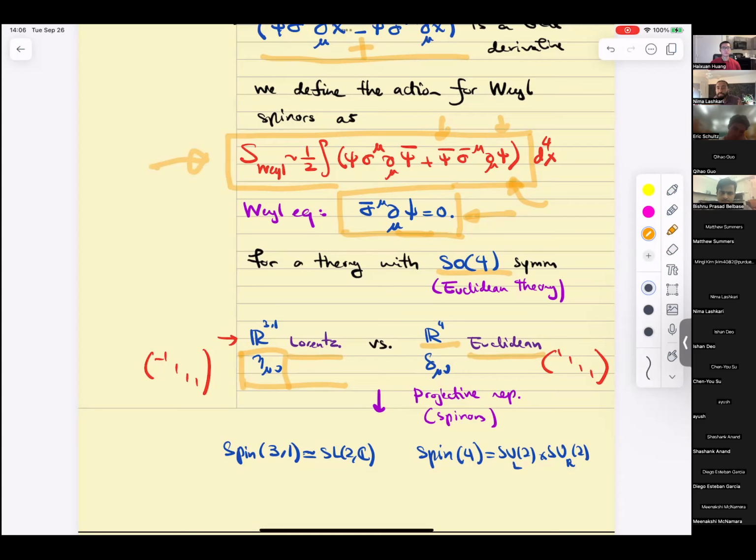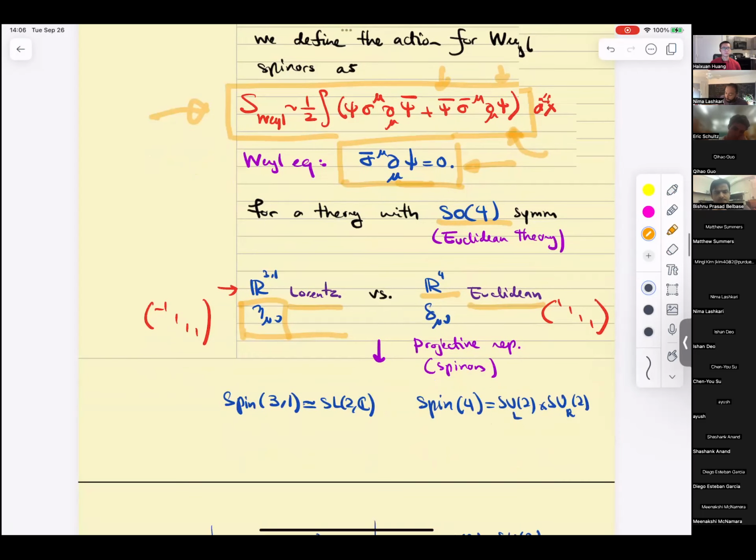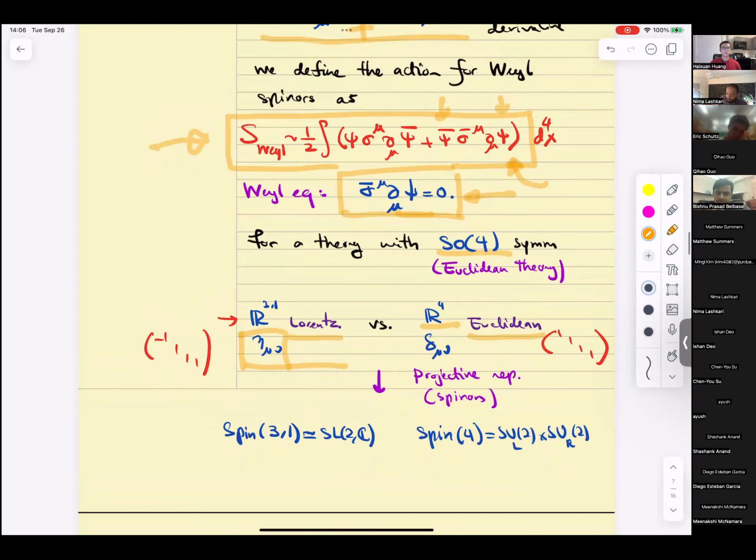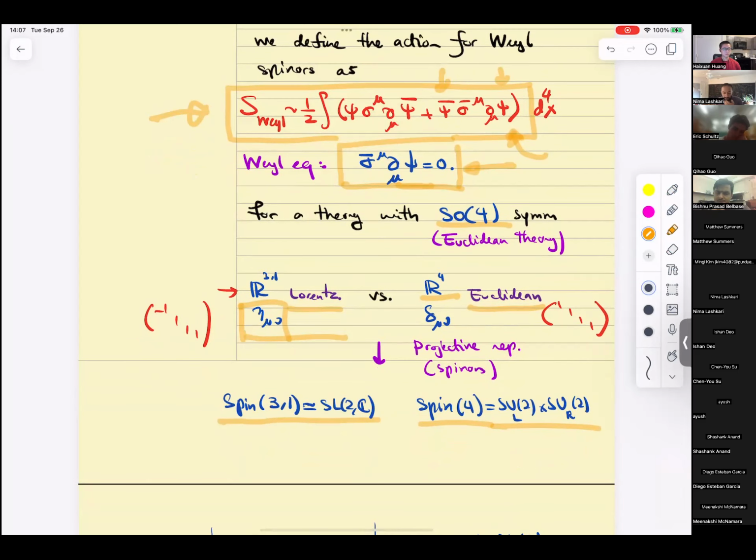This is a Euclidean action. It says these are spinors for Euclidean theory. If you look at the projective representation of SO4, that is Spin(4), literally two copies of SU2, whereas the spin representation of (3,1) is SL2C, which we said is not SU2 cross SU2. This is actually very important. This is the distinction between the two, where all this antiparticle, Majorana, and all of that come in.